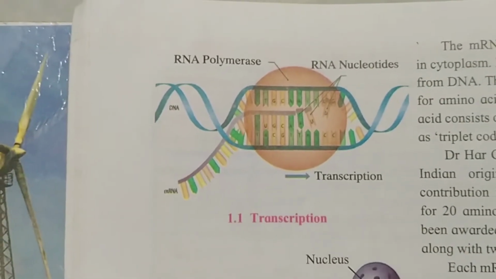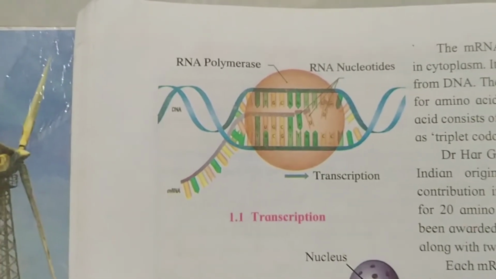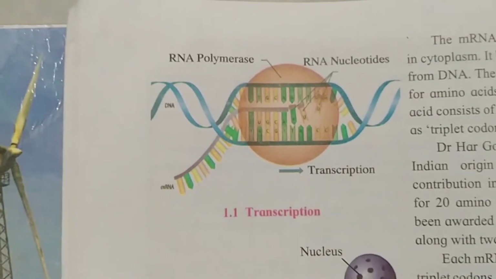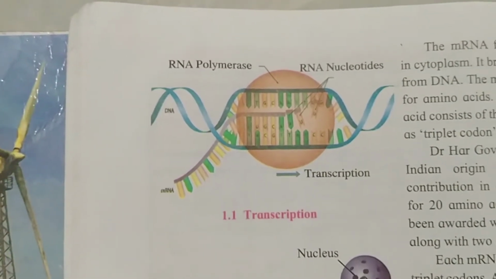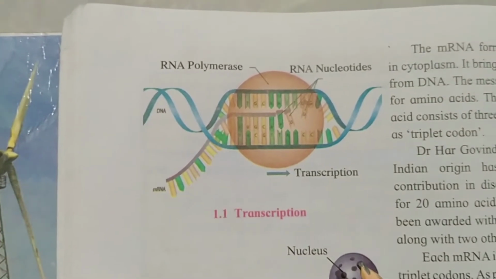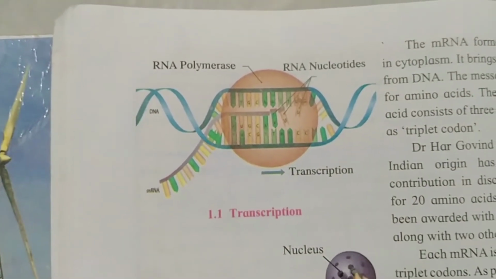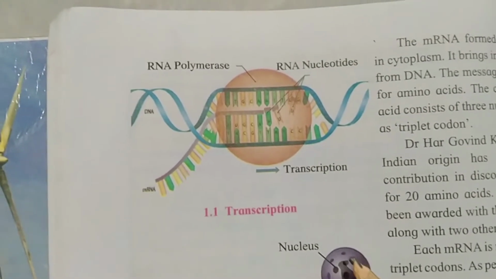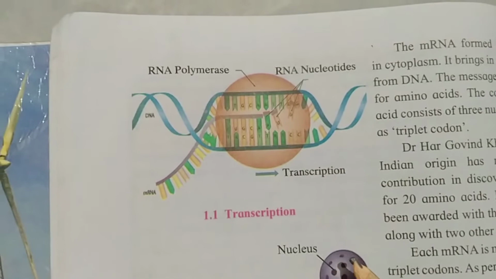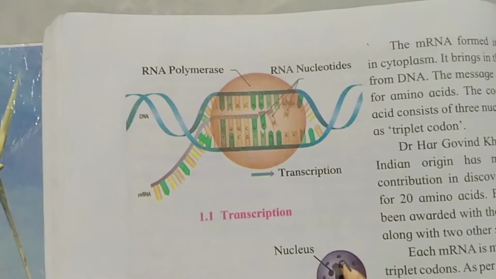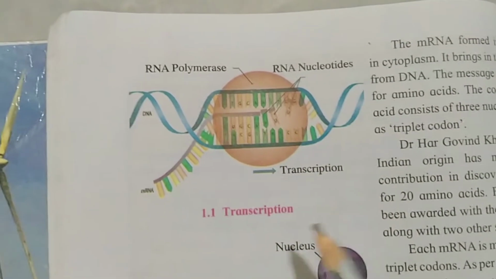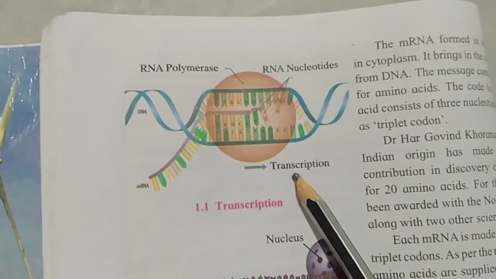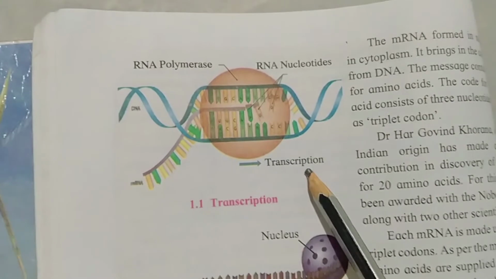Transcription is a process like printing. You know, in the old method of printing press, they adjusted the words like a stamp, a rubber stamp. This type of process happens in the nucleus, meaning the transcription.